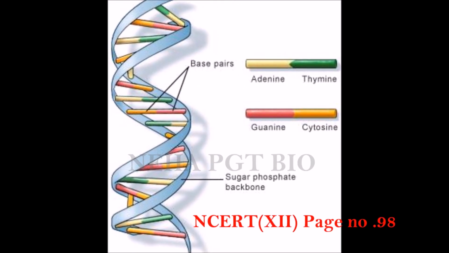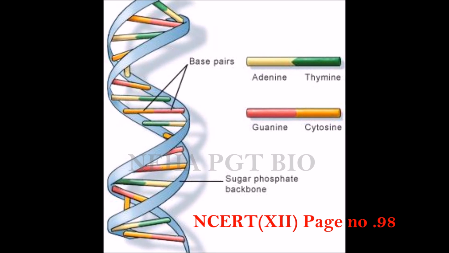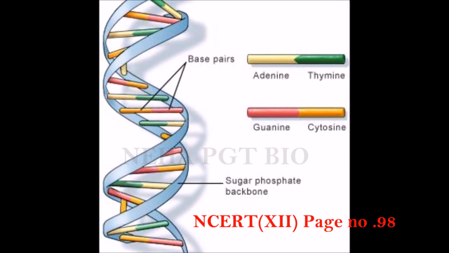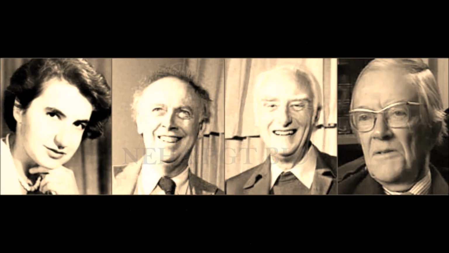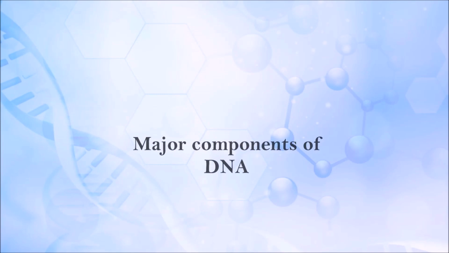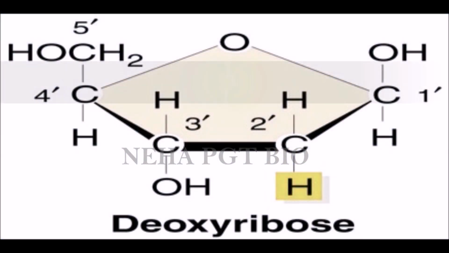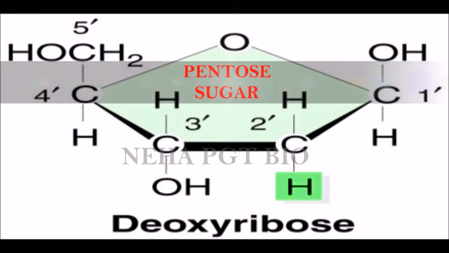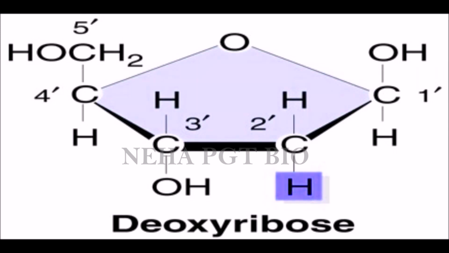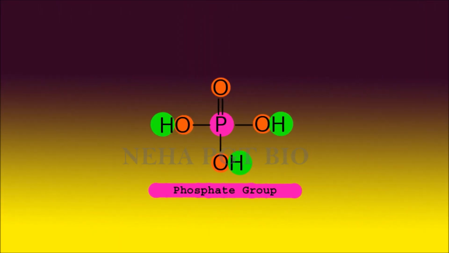Is it how it really looks? Yes. According to Franklin, Watson and Crick, DNA is made up of three major components. First one is pentose sugar. Deoxyribose sugar is for DNA. Second one is the phosphate group.